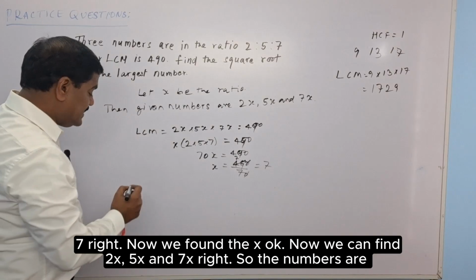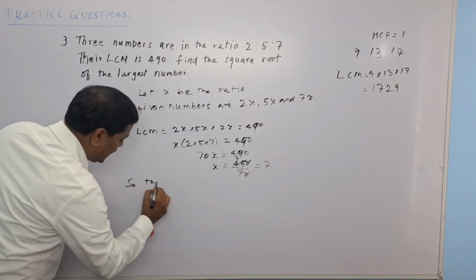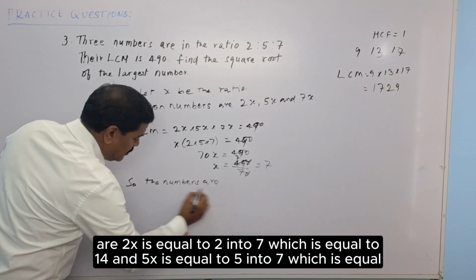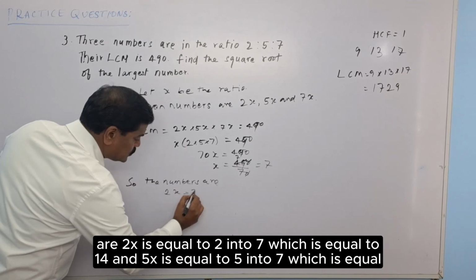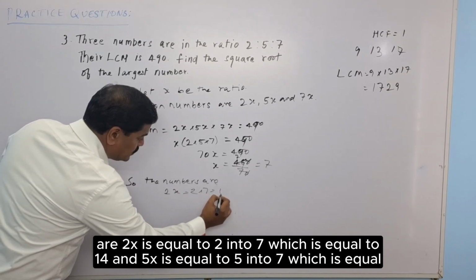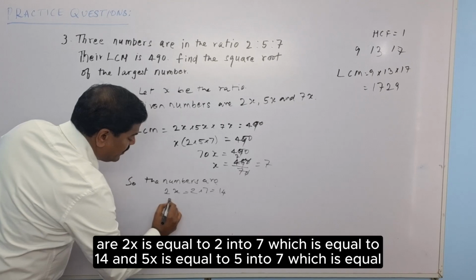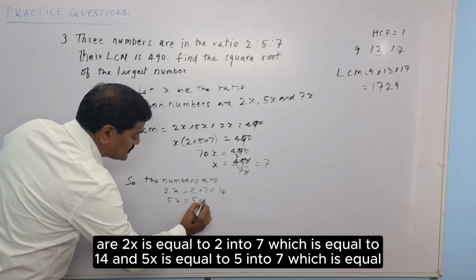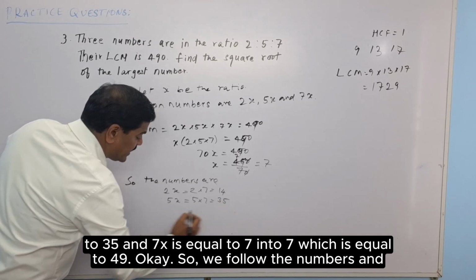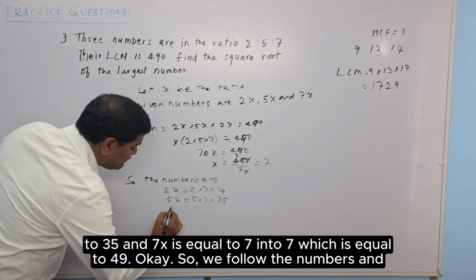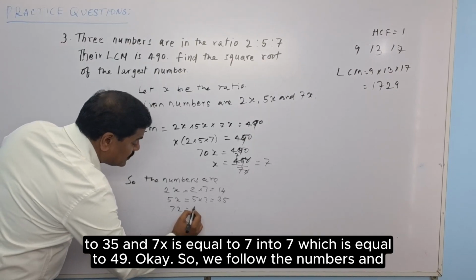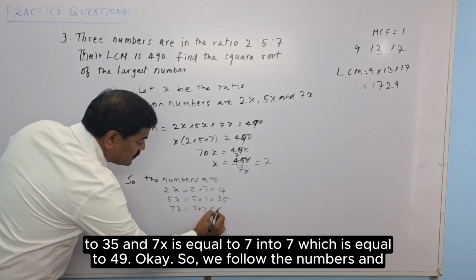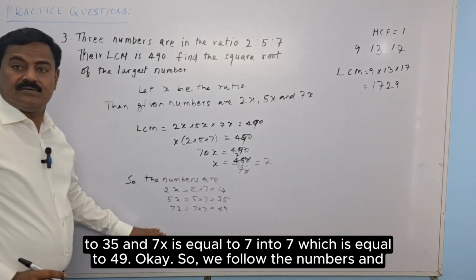Right? So the numbers are 2x is equal to 2 into 7, which is equal to 14, and 5x is equal to 5 into 7, which is equal to 35, and 7x is equal to 7 into 7, which is equal to 49.